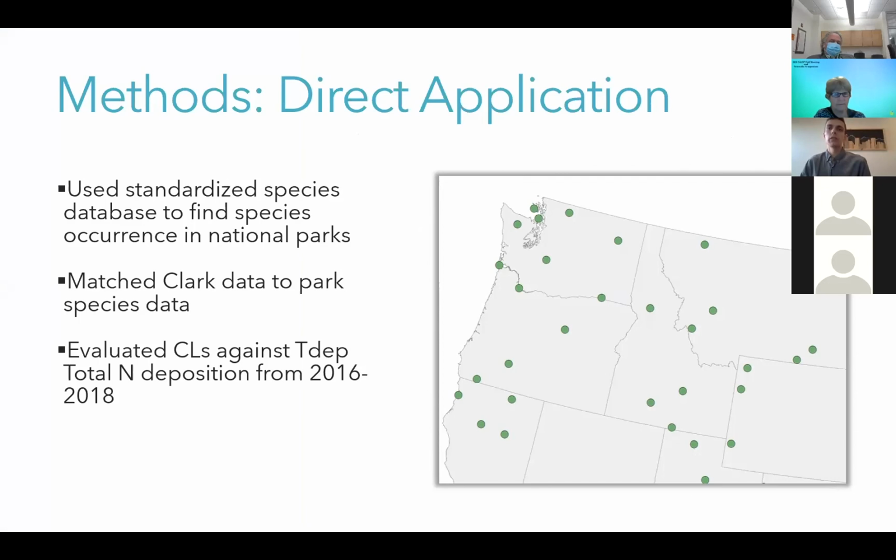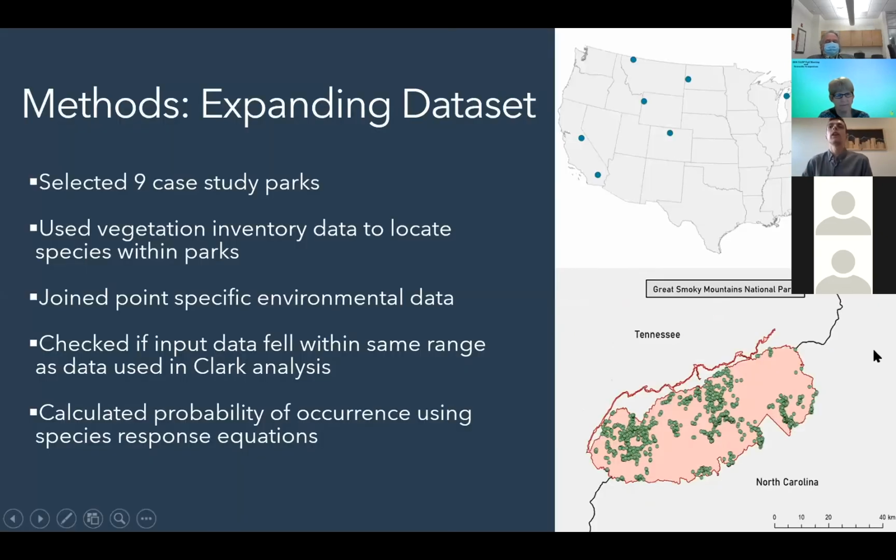So we collected that data for all of the species, the 348 species from the Clark et al. analysis, and then we were able to match the critical loads to that park species data. And then from there, we evaluated critical loads against total nitrogen deposition from 2016 to 2018, or the average from those years.